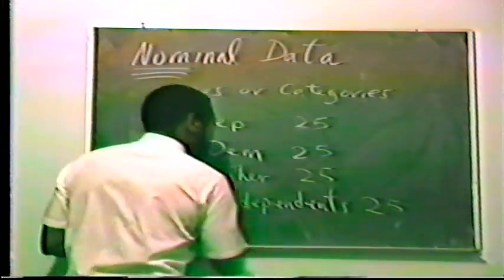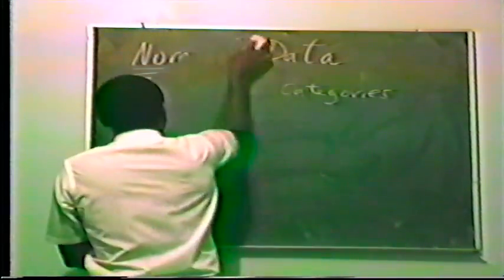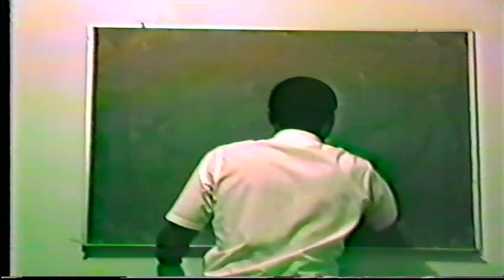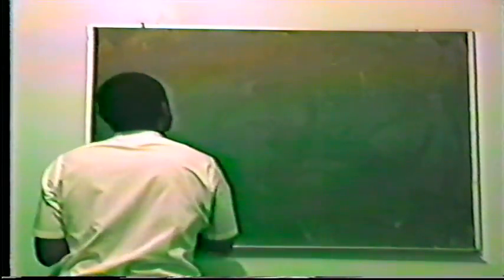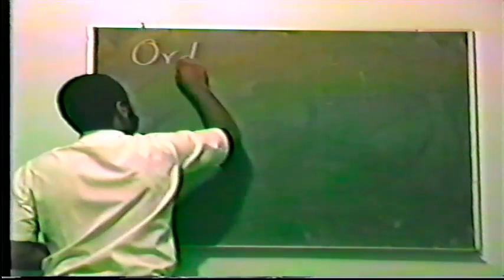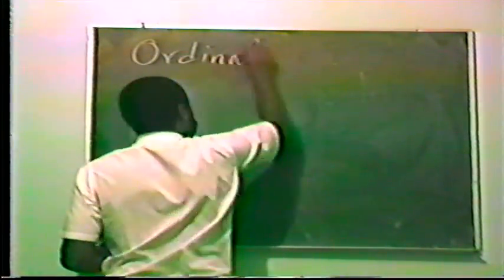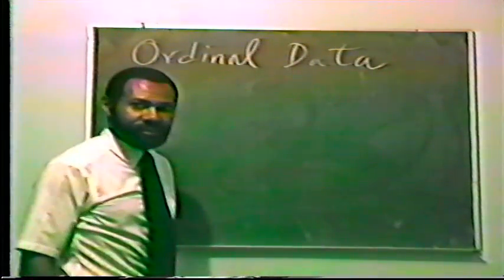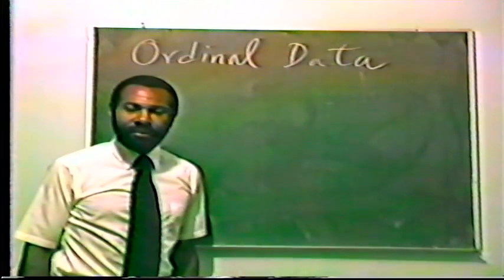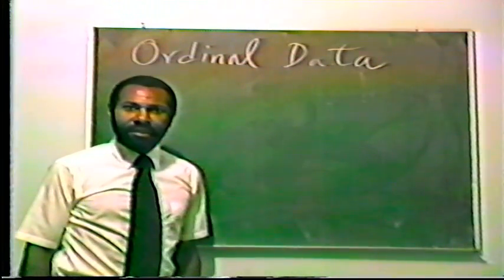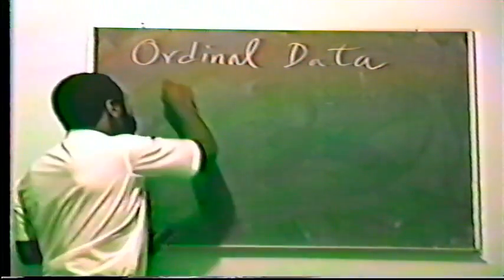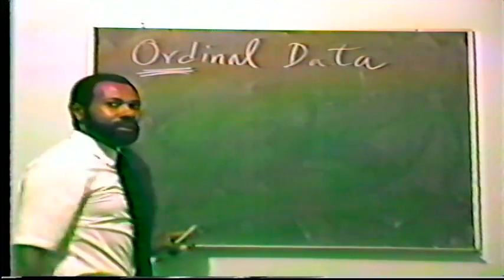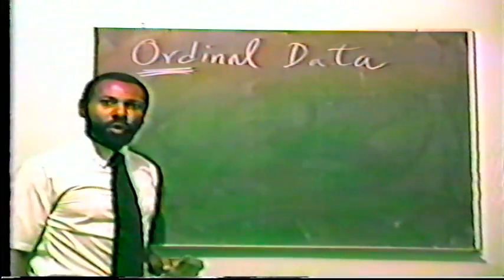The next type of data is what we refer to as ordinal data. Spelled O-R-D-I-N-A-L. Ordinal data. Now within the word ordinal, you see the prefix "ord," which is very close to the word order.